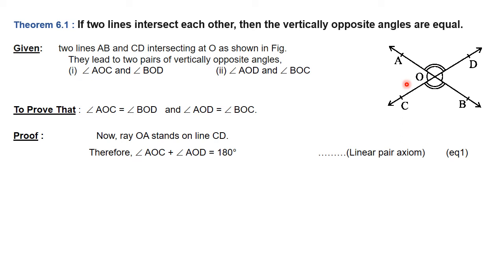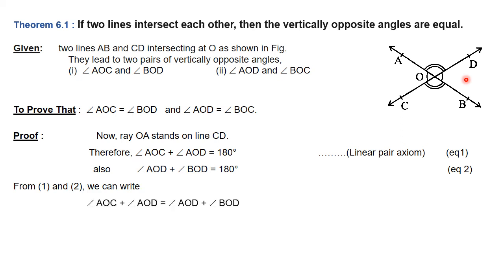Also, since CD is a straight line, we can say that angle AOD plus angle BOD forms 180 degrees. Comparing both equations, we get angle AOC plus AOD as 180 and angle AOD plus angle BOD as 180 degrees. When we compare both these equations, we can say that angle AOC is equal to angle BOD.